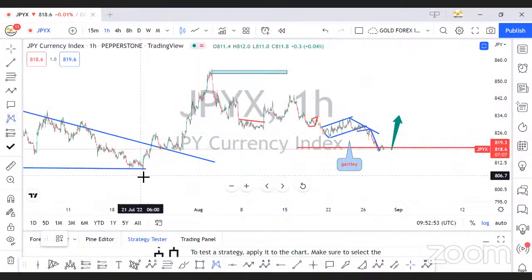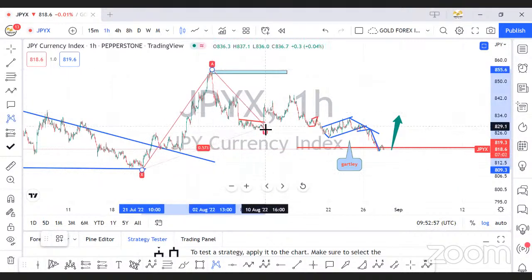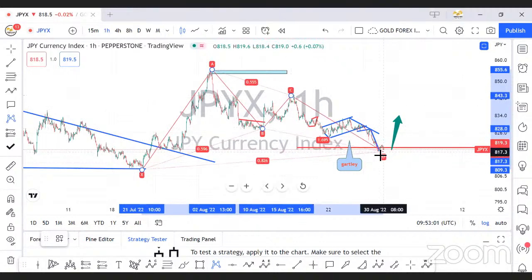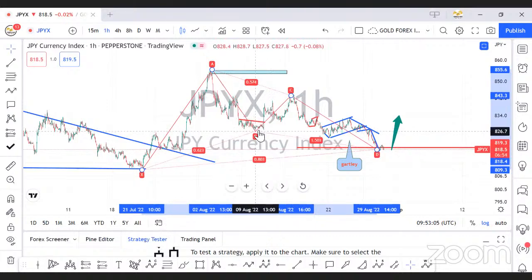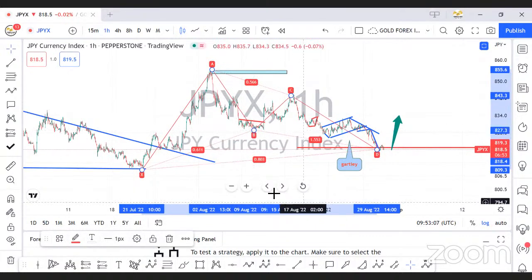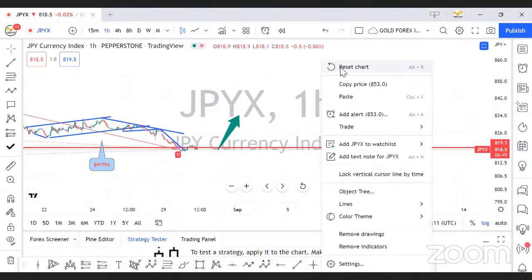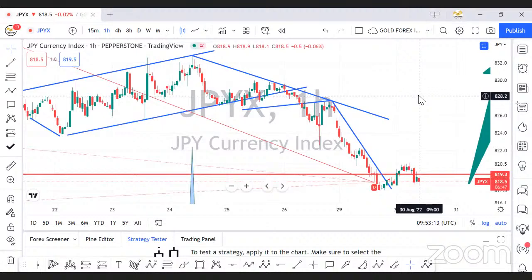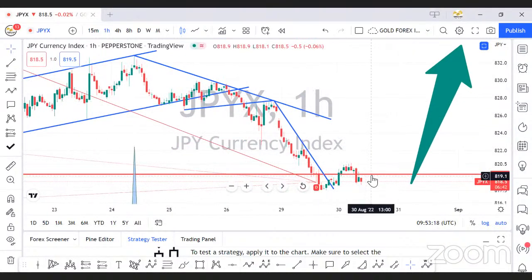So let's look at other pairs, what is happening with other pairs. So this one, let's hold and see what will happen over here.